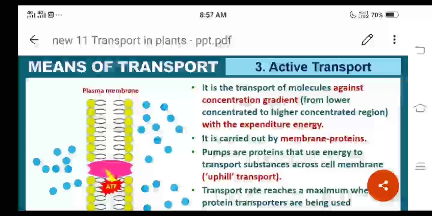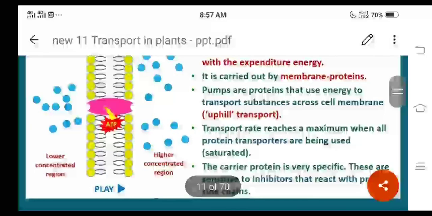But active transport is considered as the uphill transport.